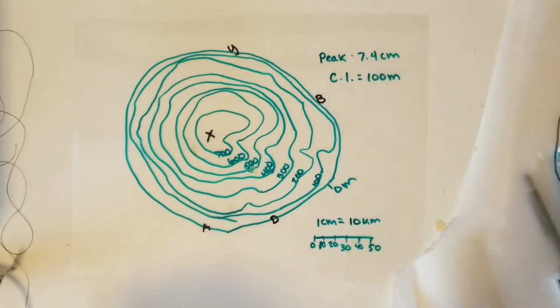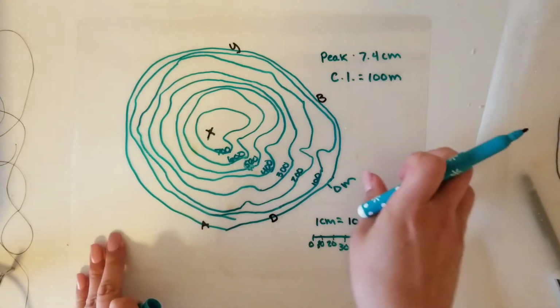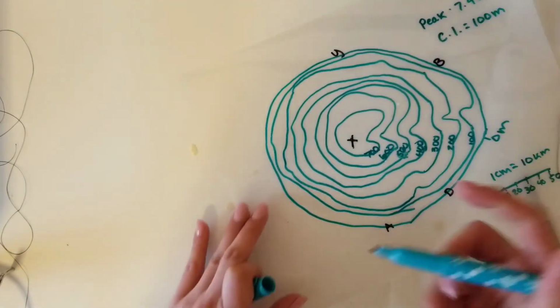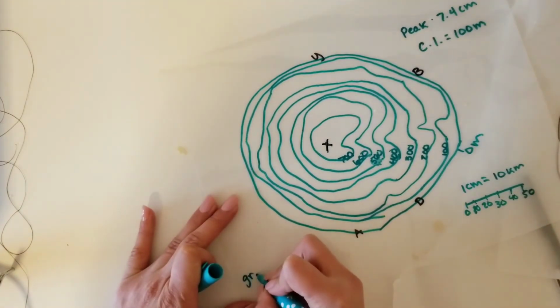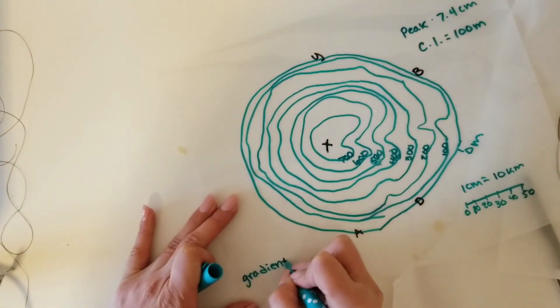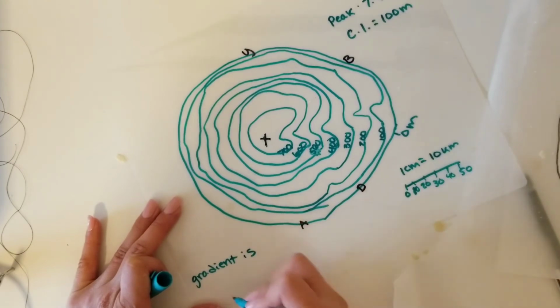So now that we have our mountain drawn, I want to add a few points on here because I want us to do a couple more activities. So we're going to learn about gradient. You may have learned about gradient before, but just to remind you, gradient is change, so we're going to use a delta for that.